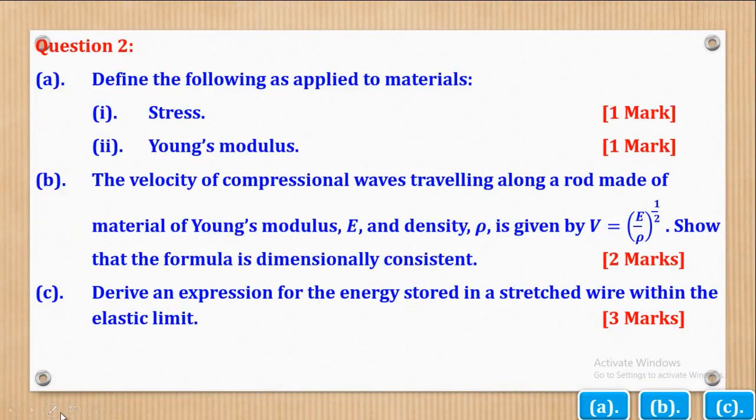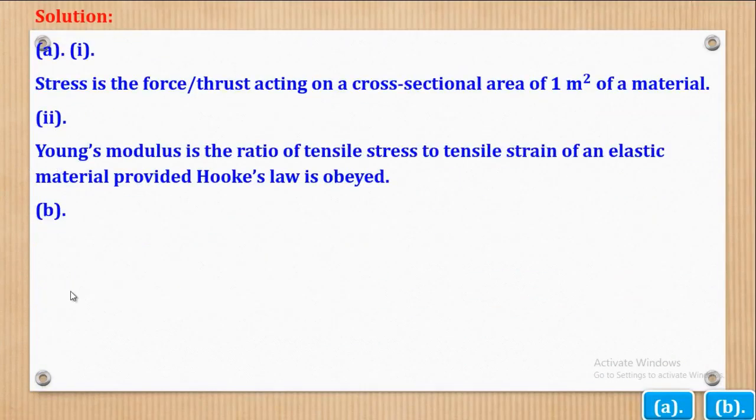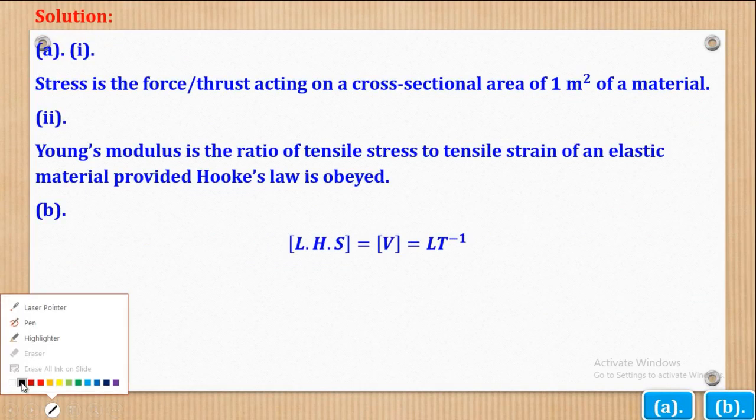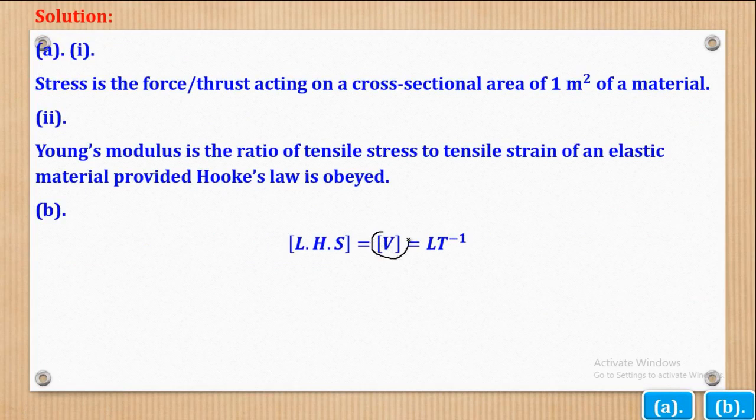Part B says, the velocity of compression waves traveling along a rod made of a material of Young's modulus E and density rho is given by this. Show that the formula is dimensionally consistent. So they need dimensions. On the left hand side we have the dimension of v, so the symbol has to be in box brackets, but the dimension should not be in box brackets.